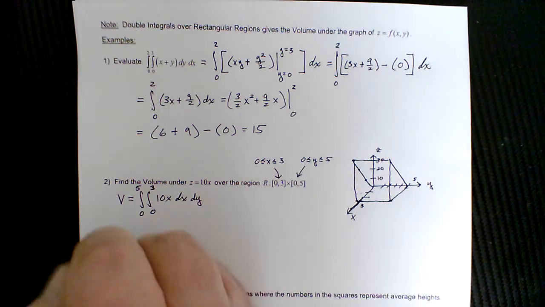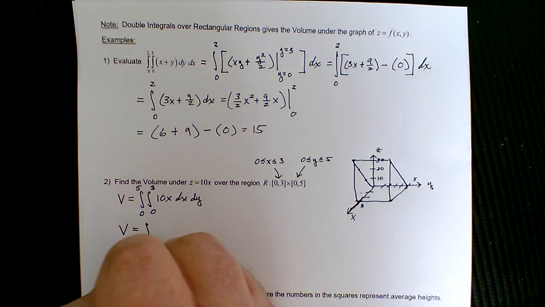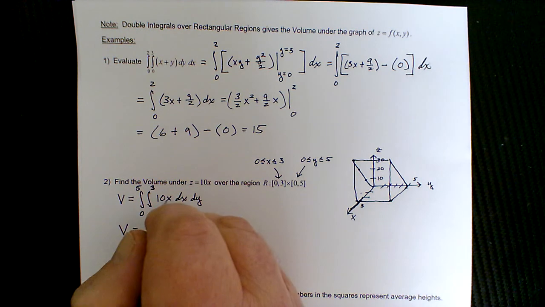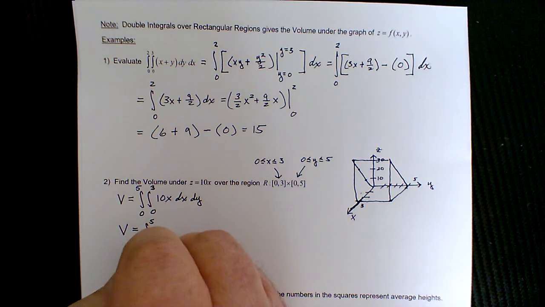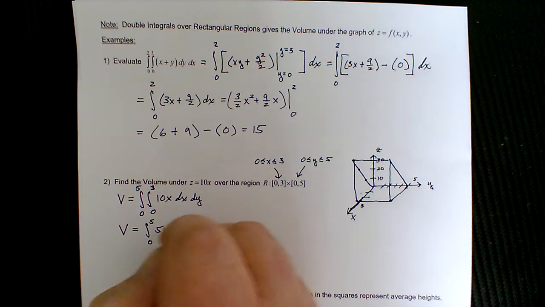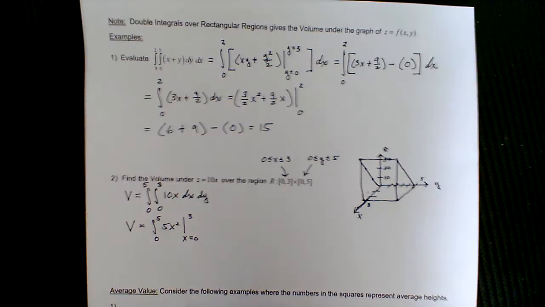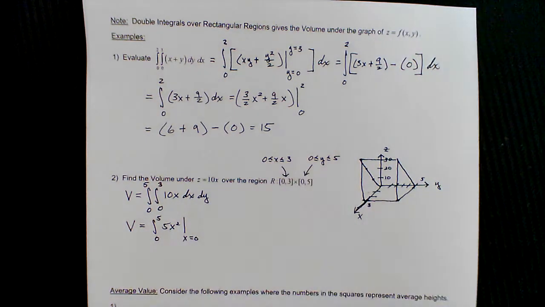Okay, so then it's just a matter of evaluating this integral. This one's easy to do. Just integrate 10x, we get 10x squared over 2, or 5x squared, evaluated as x goes from 0 to 3. I'll write x equals 0, x equals 3 in here.